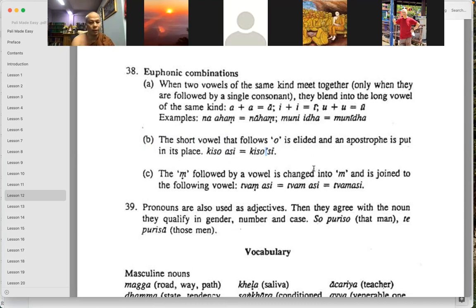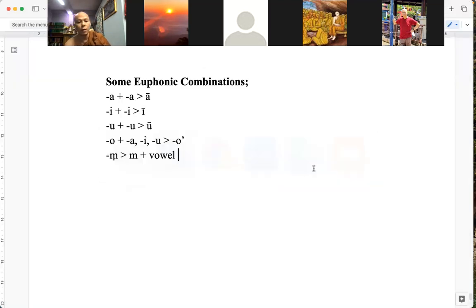That means kiso asi. When we see kiso si, we should understand it as kiso asi, with the A dropped. So the preceding word is ending in the O, and the following word is starting with the A, I, or U, one of them. They can be dropped and an apostrophe put in their place.